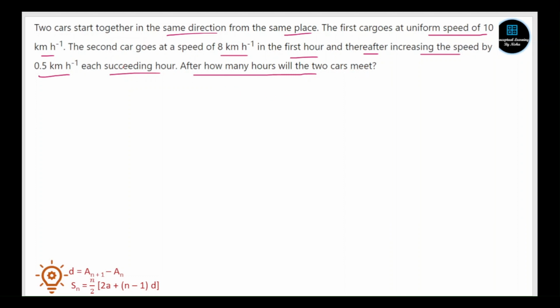Very interesting. Alright, let's understand that. See, the first car has the uniform speed, and for the second car the speed is increasing in AP. So we'll write this first. Let them meet in n hours.